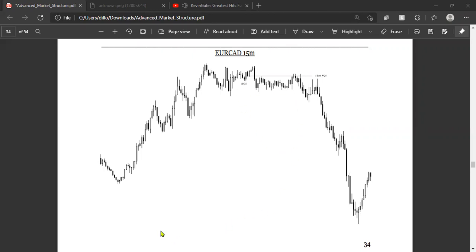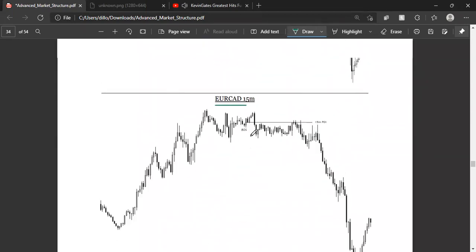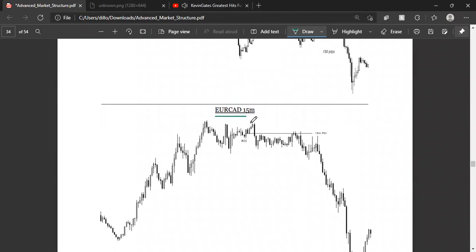So, the example we're starting with today, we've got Euro CAD on the 15-minute. What do we see, right? We see a couple of rejections in the same area, which maybe is a supply zone that price is rejecting from. And this rejection doesn't break structure.